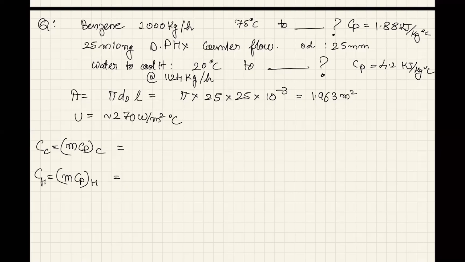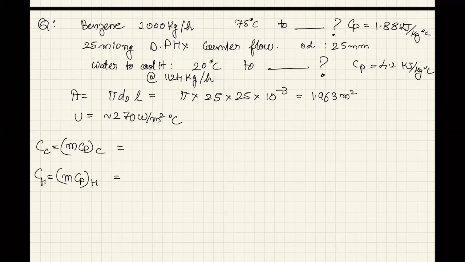We are solving the same problem with epsilon-NTU, and you will realize the beauty that the values will match the output temperatures we had in our initial problem, 50 degrees Celsius and 30 degrees Celsius. We'll see if they match.